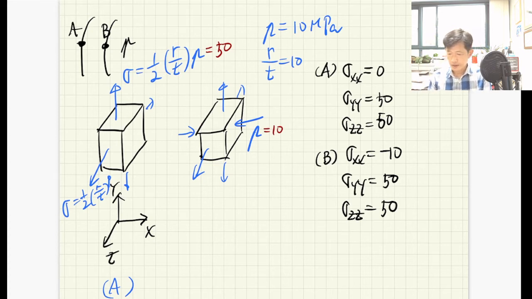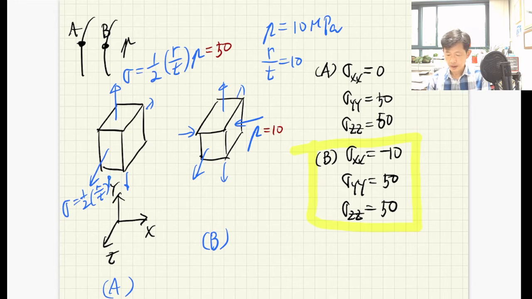so using this condition, I'd like to construct a Mohr circle to investigate the characteristics of the stress condition. So first, let's talk about point B here.